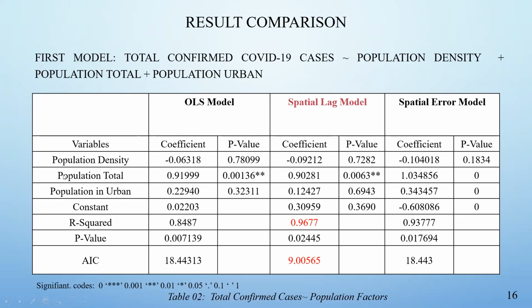But population today and population urban came out with a positive correlation. That means if the population is higher, the total confirmed COVID-19 cases will be higher. And the population today model has a significant p-value. I have also computed the R square and the AIC value.